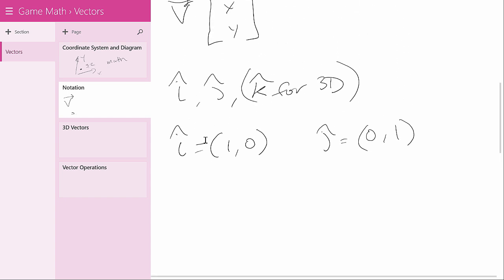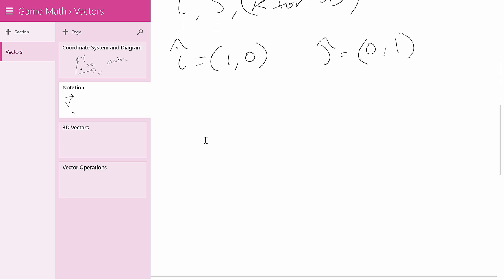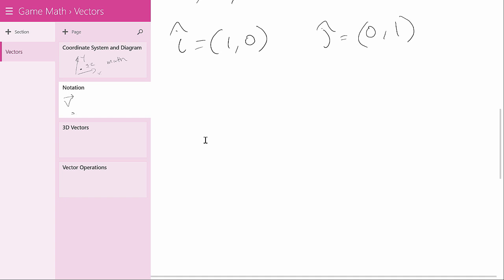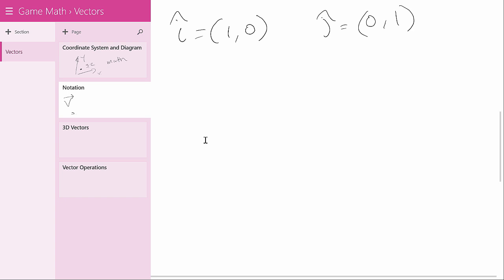So this is a lot more complex, so you'll see it in more complex books. But if there's some physicist or engineer that discusses, they have game tutorials and stuff and they want to talk about vectors, they might use this kind of notation.